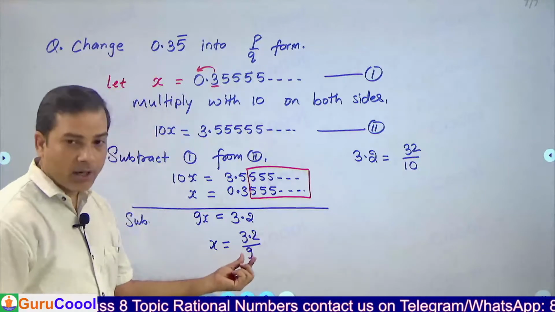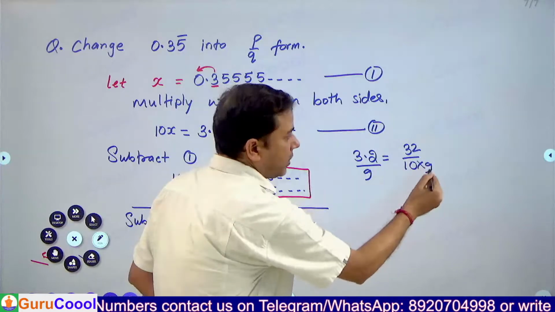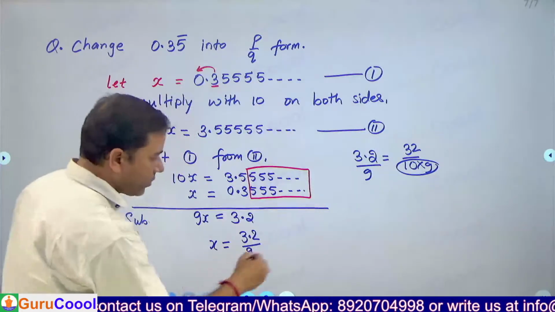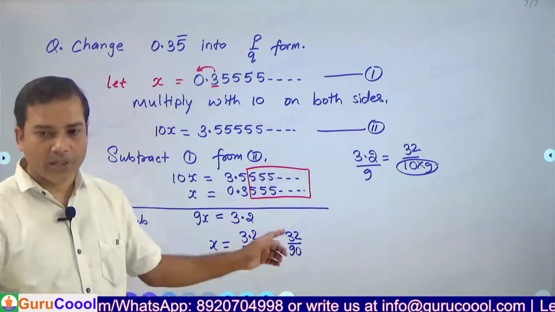But 9 is already there in the denominator, so it becomes 90. So 32 by 90. Done, that is P by Q.